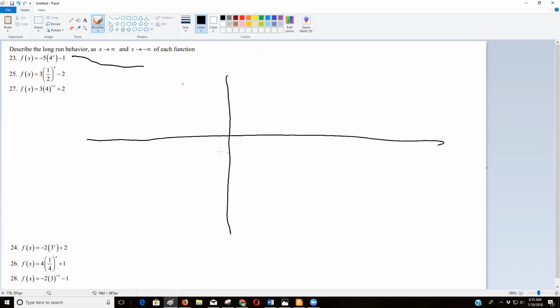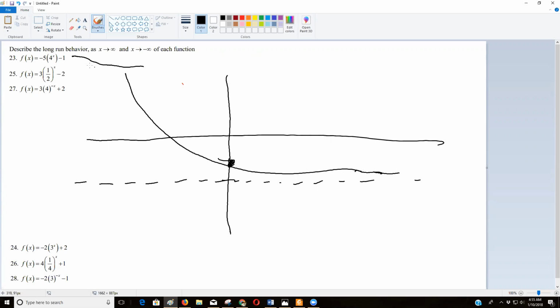Because this is a decay function, normally those come swooping down like this, right? If x equals 0, that's going to become 3 minus 2, which is -1. So I'm pretty close. We'll make that be -1.